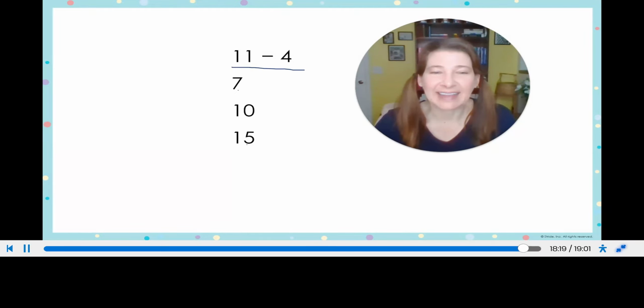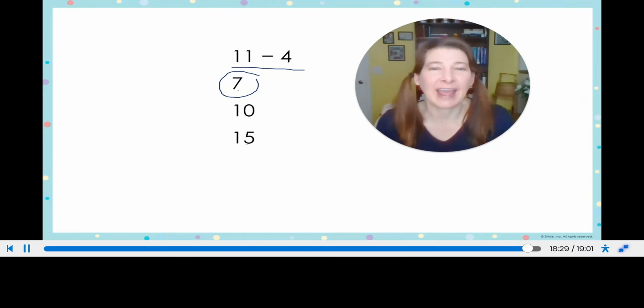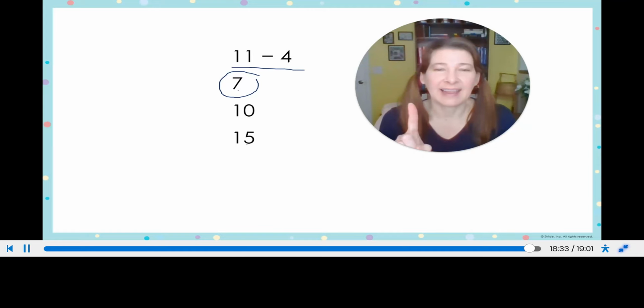You should have gotten that your answer is 7. 4 is a fairly small number for a part, so I would have chosen to count back. 11, 10, 9, 8, 7. I ended up at 7. 11 minus 4 equals 7.